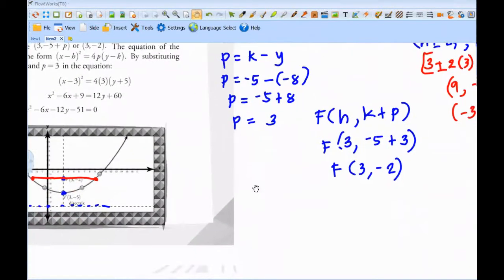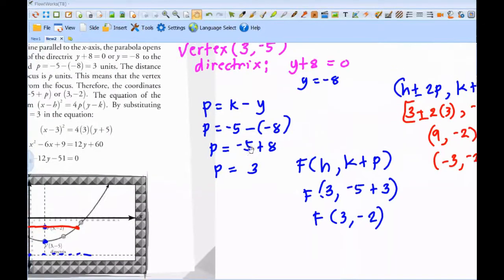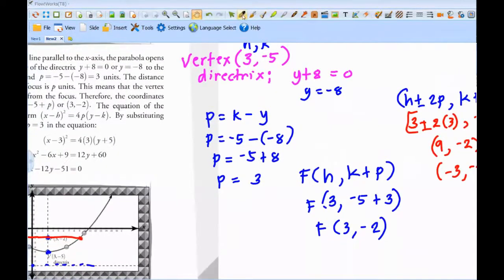So it should be what? X minus H squared equals 4P, and Y minus K, right?